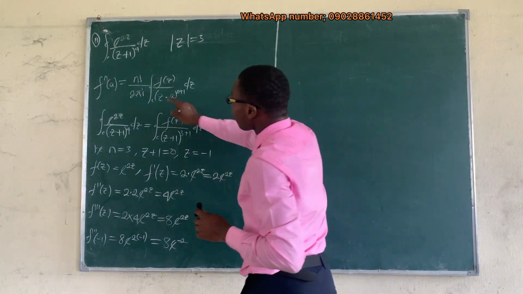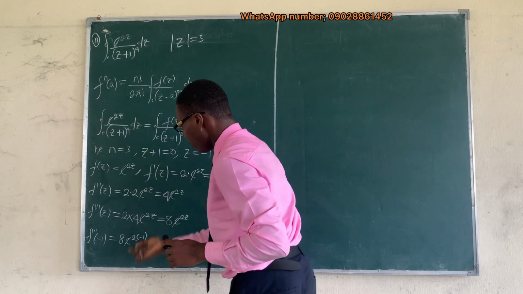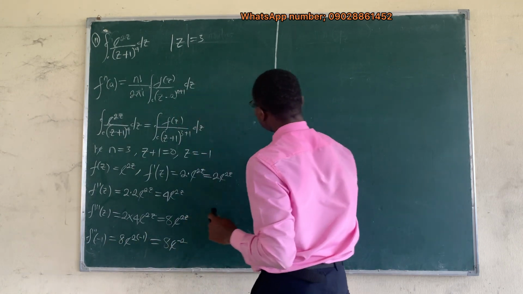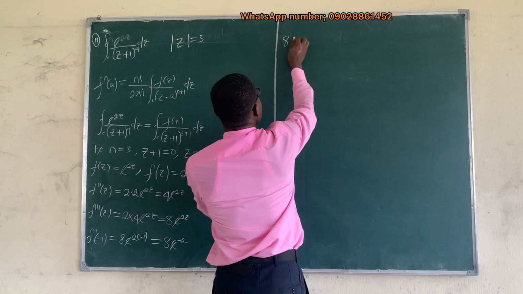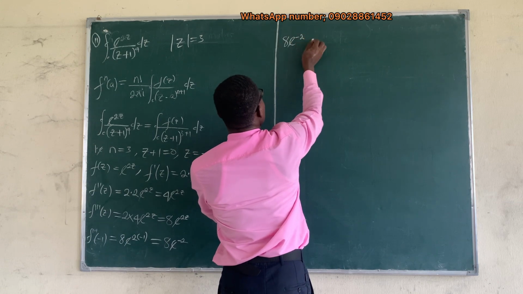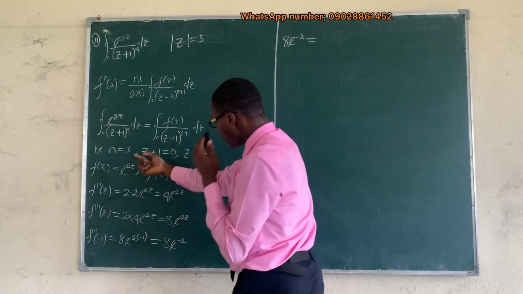So this implies that from this formula, f n of a is 8 exponential minus 2. So we have 8 exponential minus 2 equal to n factorial, but n is 3.